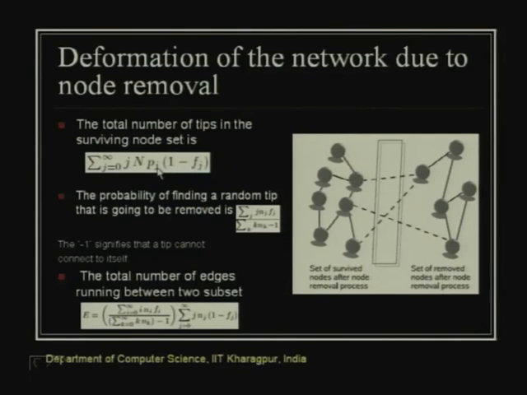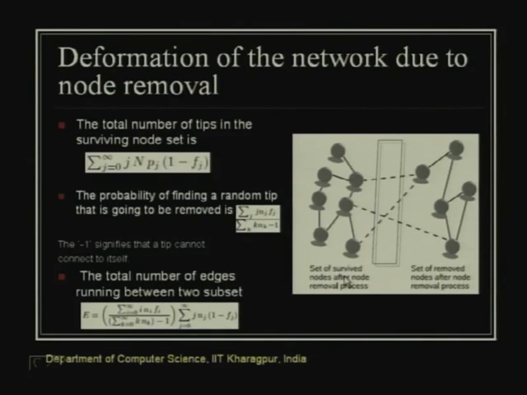I am using the index j, just to not confuse with the subscripts. So n into pj into 1 minus fj is the number of nodes, and each node will have j degree. So j into n into pj into 1 minus fj will be the number of tips.